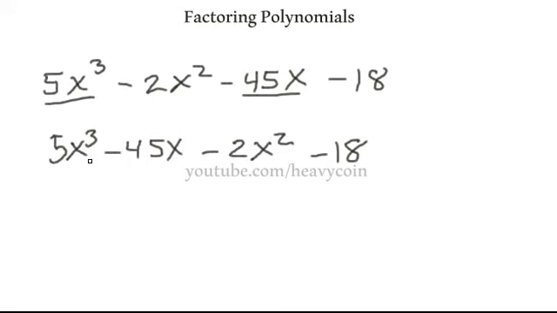Okay, so what we're going to do now is look at these two here. I can pull out a 5 because 5 goes into 45, and I'm also going to pull out an x, and there's one here, so we're going to pull this x out right here. So 5 and x.